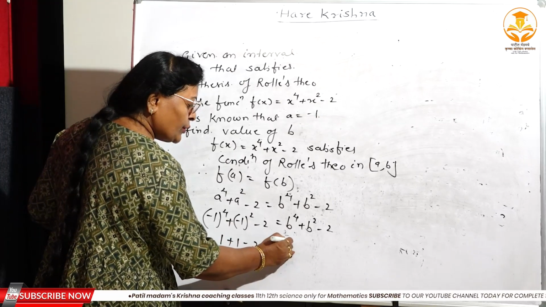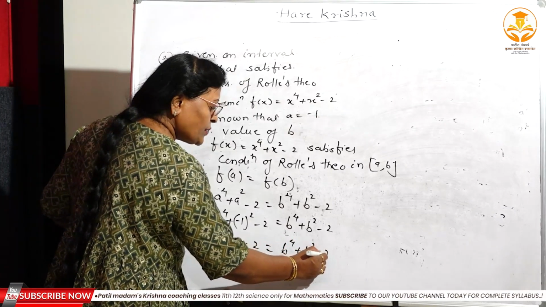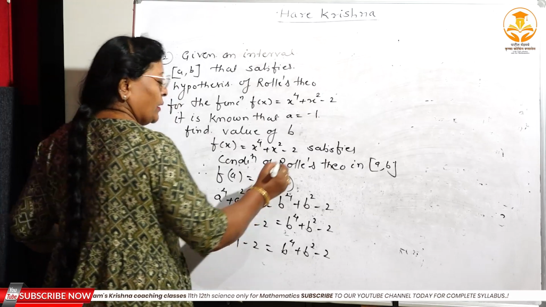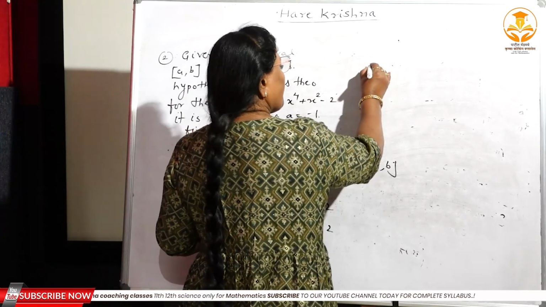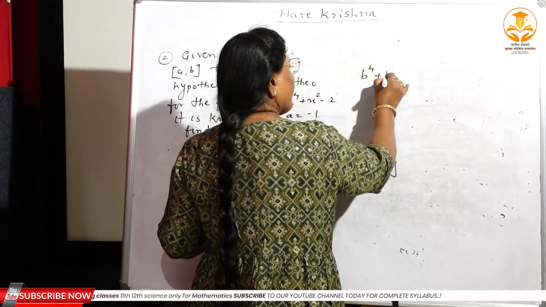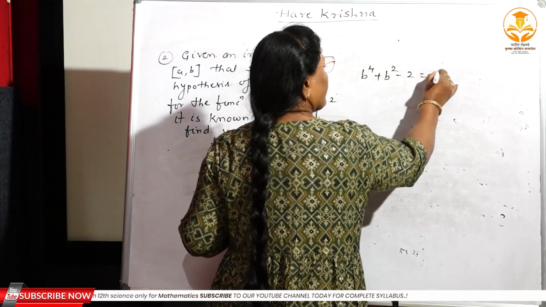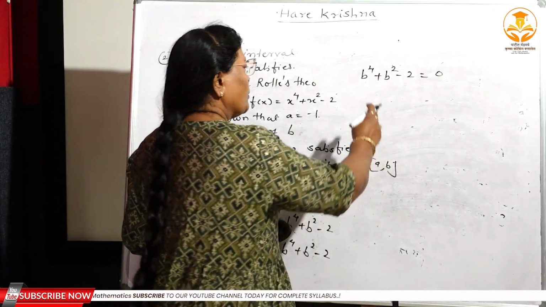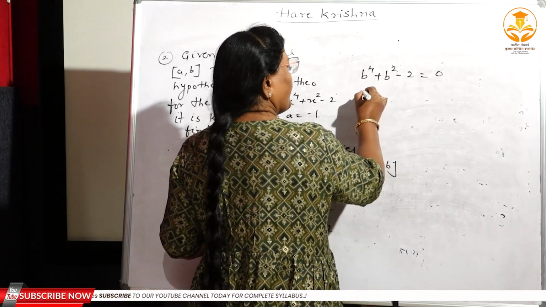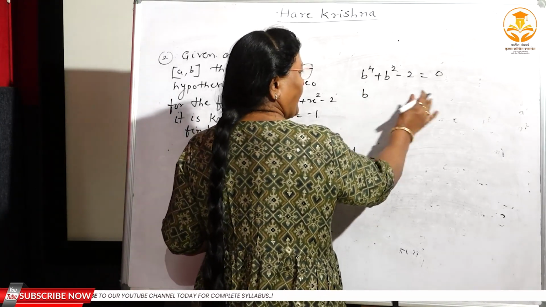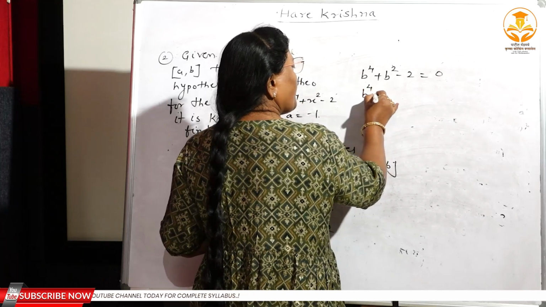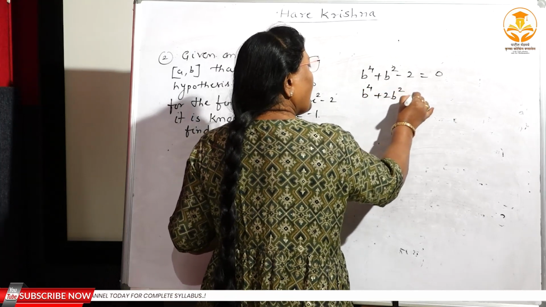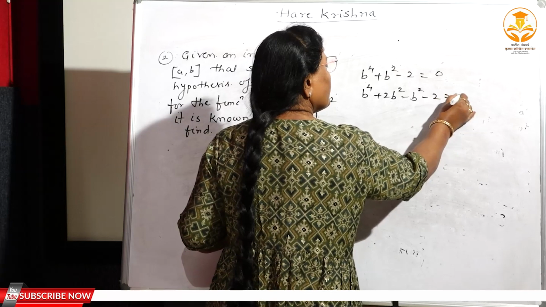Here this gets cancelled, you have b raised to power 4 plus b square minus 2 equal to 0. Can you find out the factors? 2 ones are 2, so b to the power 4 plus 2b square minus b square minus 2 is equal to 0.